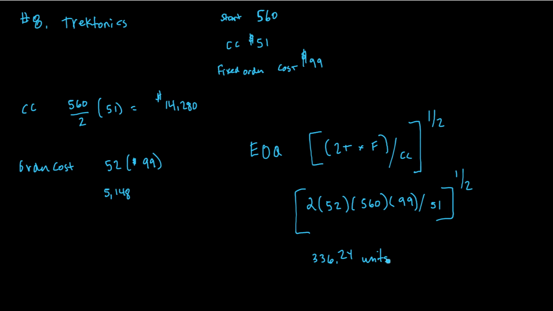Now, the number of orders per year will be total units sold per year divided by the EOQ, and this is for actually part E. So we're going to take our 52 times 560 divided by our EOQ, which is 336.24. We end up with 86.61 orders per year.